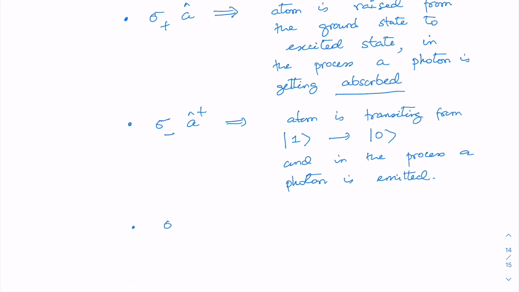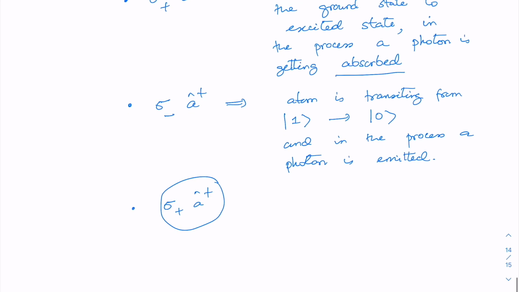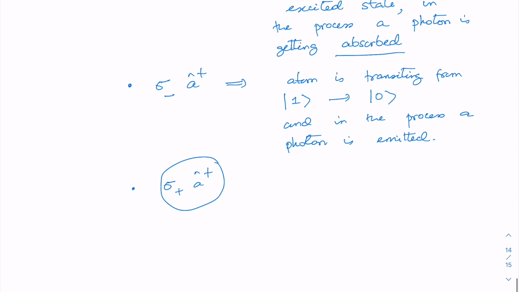On the other hand, these two processes, sigma plus and A dagger, mean that when the atom is getting excited, a photon is also getting created. These are very unlikely. The other one, sigma minus A, means that when the atom is getting de-excited from the excited state to the ground state, a photon is getting absorbed.